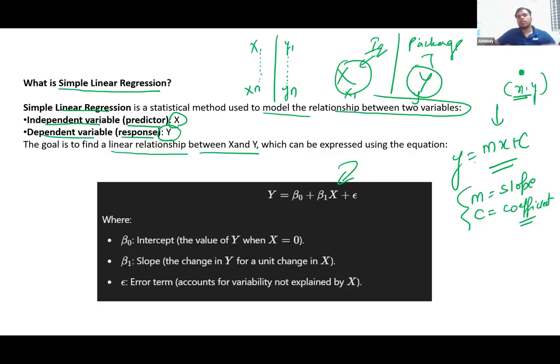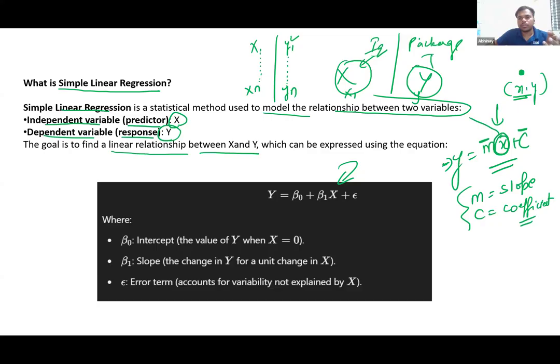So what is our main job? Our main job will be to find the values of m and c in such a way that when we apply this equation to unknown data, let's suppose we give some unknown data to predict what package he or she will hold, right?